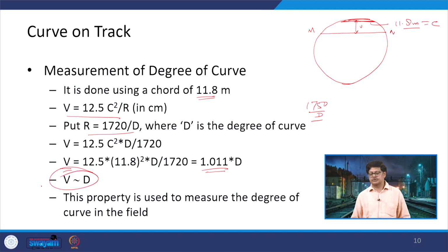So, V is equals to D. So, it has been observed that if you take a chord of 11.8 meter and go on the track and put this chord there, so your track is moving in this direction. Now, you put your 11.8 meter chord here, and you just calculate the versine at the center of this 11.8 meter chord, that is, what is this value. So, whatever you get here, that can be transformed into the degree. So, this is the property which is used for measuring the degree of the curve in the field.